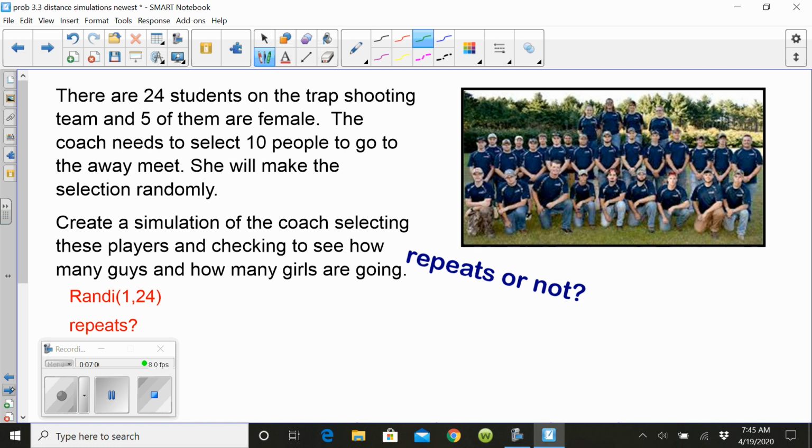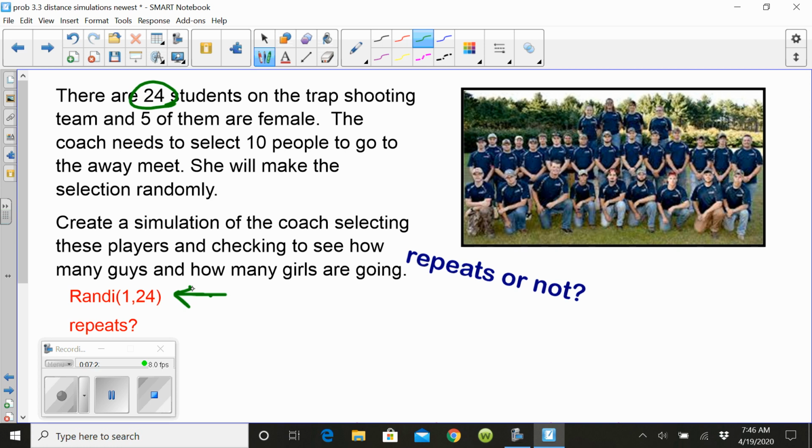That is different here. There's 24 numbers on this, members of this trap shooting team. And so here, when I generate numbers, as I indicated here, from 1 to 24, each number is going to represent a certain person on that team.